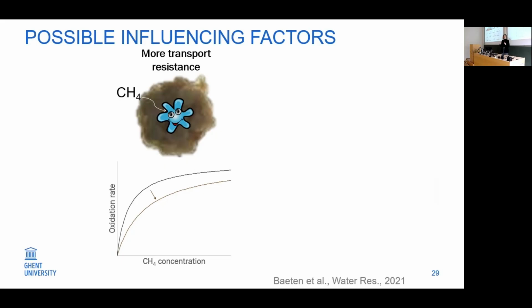Secondly, the bacteria grow in granules and not in small flocs, so there is more diffusion resistance. This means that the methane may need to diffuse into these granules, and it takes more time before it gets to the methane oxidizing bacteria that can convert it.